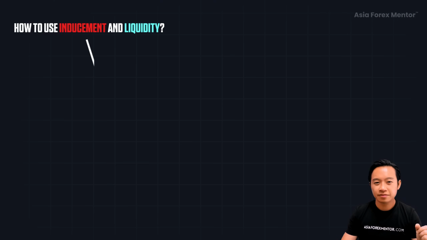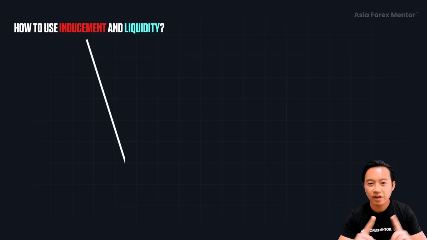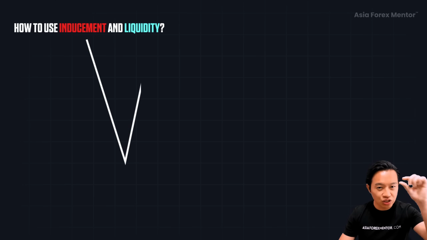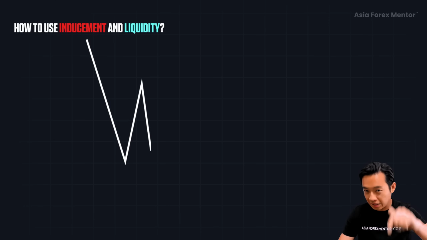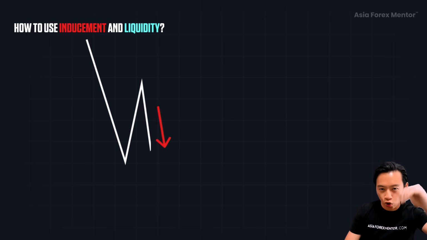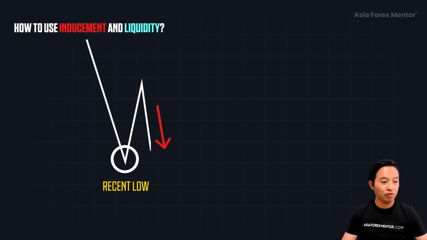As you can see in this illustration over here, we have a downtrend, right? So what happens is that price mitigates the zone here, right? And then reverses to the downside. So if you take a look at it, it is pushed lower, but it fails to break the recent structure.